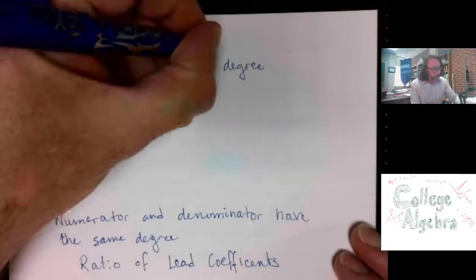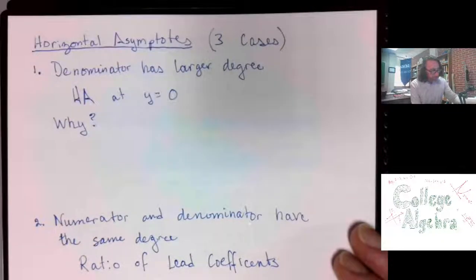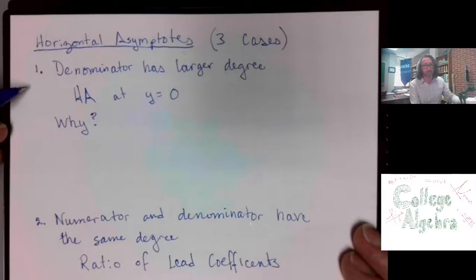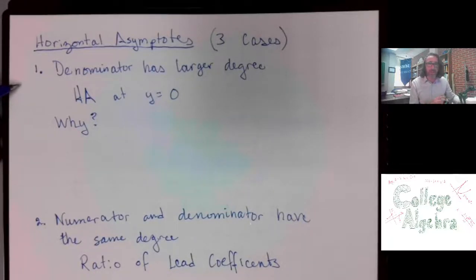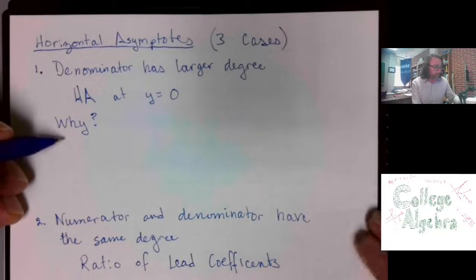So when we're dealing with horizontal asymptotes, we have three cases to look at. And the case we're in right now, case 1, the denominator has a higher degree than the numerator. In that case, you will have a horizontal asymptote at y equals 0. And why is that happening?